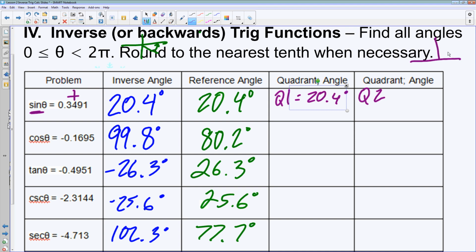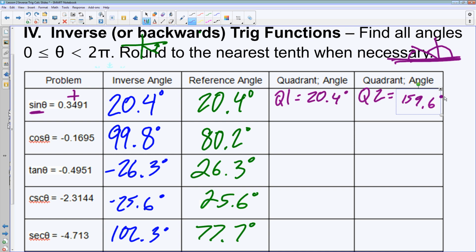It's past this, somewhere in there. So we know this whole line is 180, so let's go back 20.4 degrees, and that will be our equivalent angle in quadrant 2. So in quadrant 2, our angle is 159.6 degrees. It's a little bit weird, but we can manage.